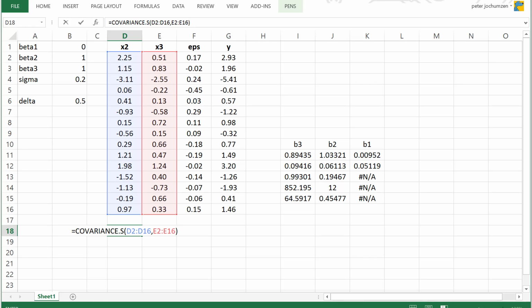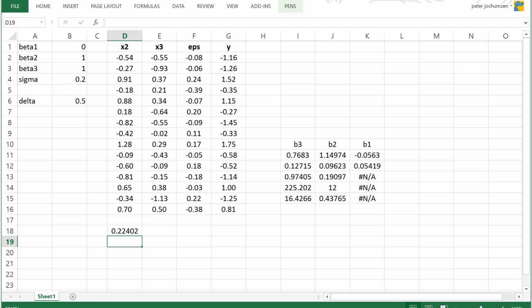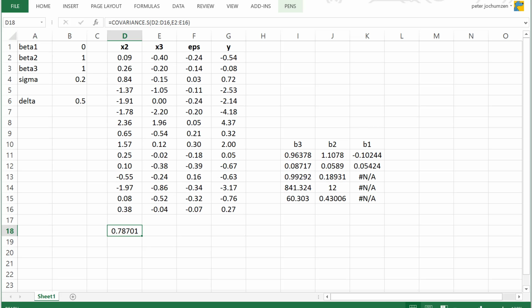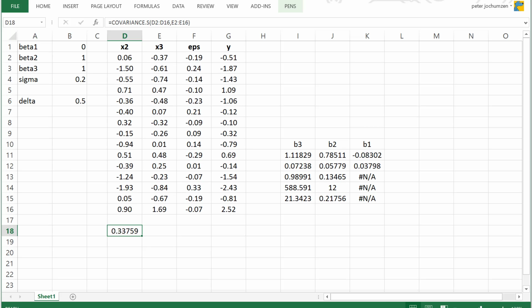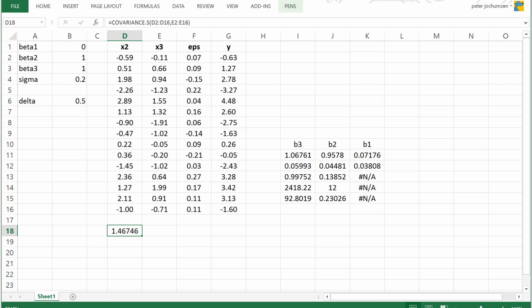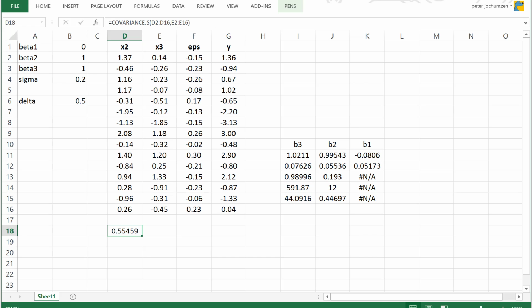I have very few observations, so it's not going to be very good, but if you have a look at it and I press F9 a lot, then it probably seems reasonable that 0.5 is in the middle of those numbers.